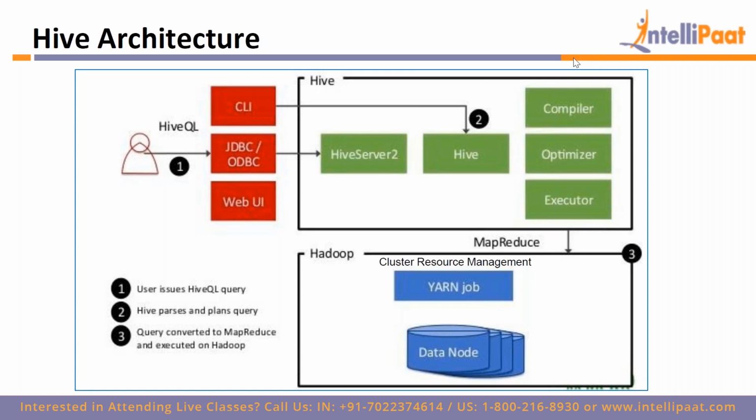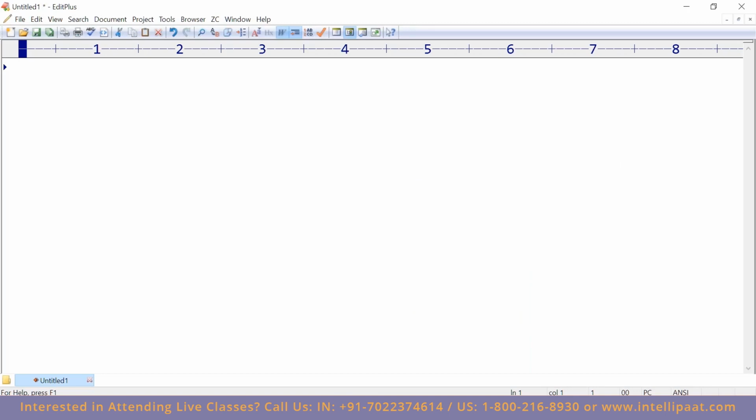Now, inside the Hive architecture, you can see compiler, optimizer, executor. But how does Hive know where the data is? Or in other words, what about metadata? For any database or data warehouse or any system, you need to store metadata.